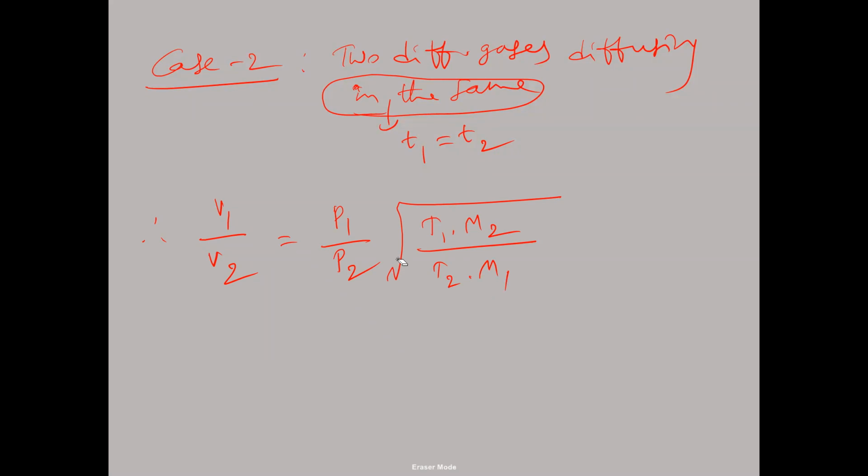So this is about the ratio of the volumes of the two gases diffusing: V1 by V2 is equal to under root T1 M2 by T2 M1 into P1 by P2. This formula we have to remember, in this case 2. Okay, now I'm taking case 3, suppose.